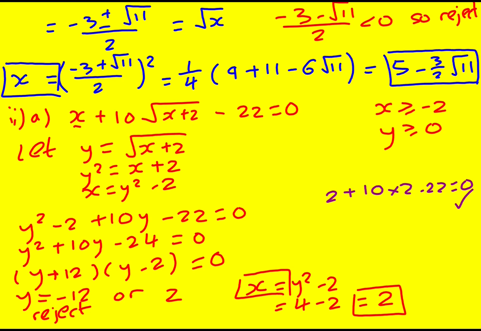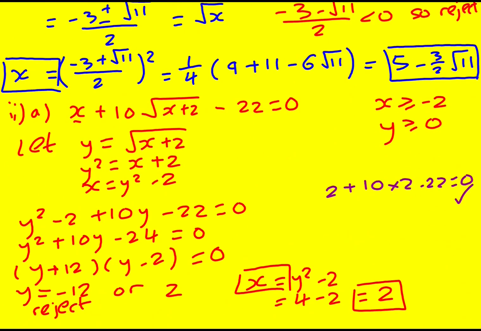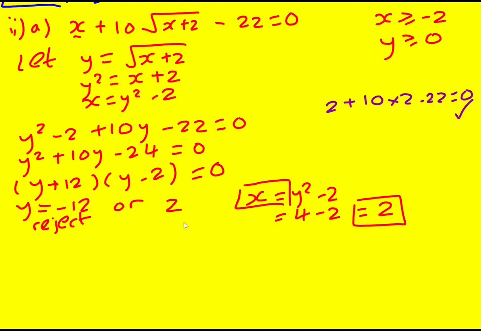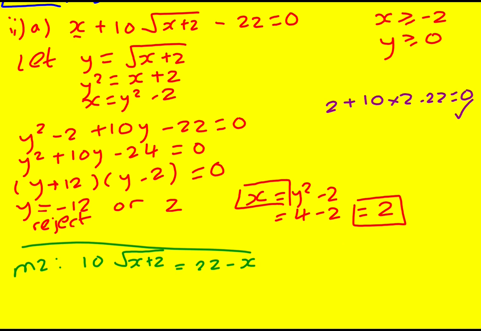I'm just going to talk you through another way we could have done this question, because it doesn't say we have to do a substitution, but I think that is a good approach. Okay, so method 2, I could have written it as 10 root x plus 2 equals 22 minus x, and then squared both sides to give me 100 times x plus 2 equals, now I have to square this, 22 times 22.